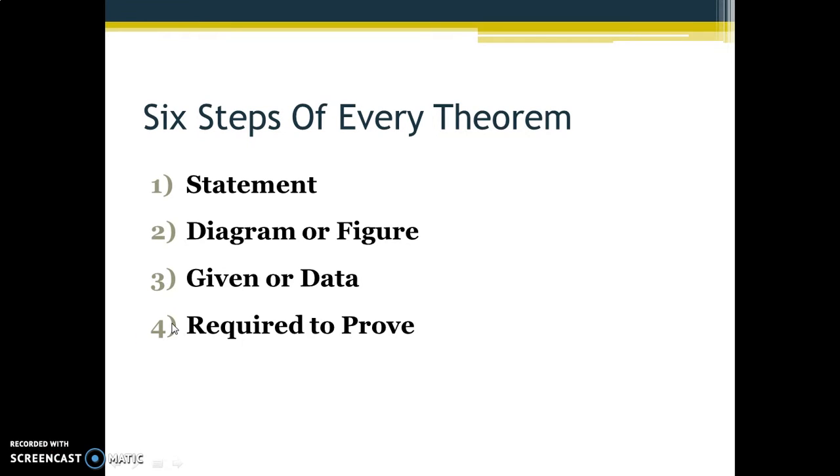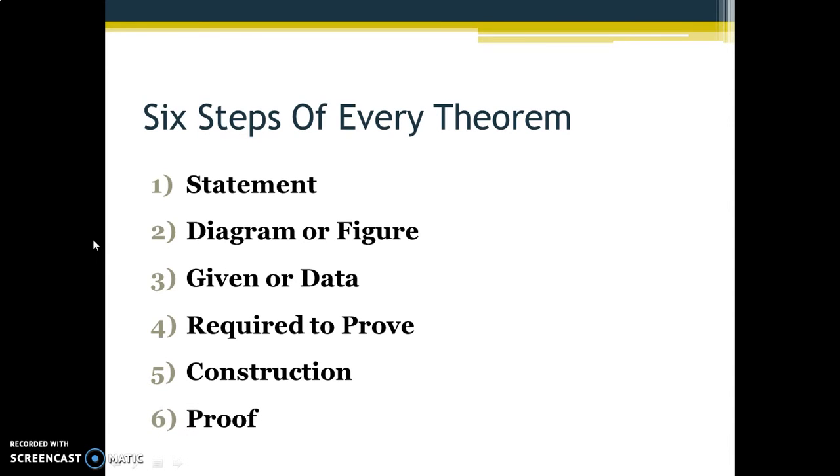And the next part is the 5th part, which is construction. Now this is optional. This will not be present in all the theorems, but in some theorems you will have to make certain changes in the diagram of the theorem, and you will write down and explain it in your construction part.